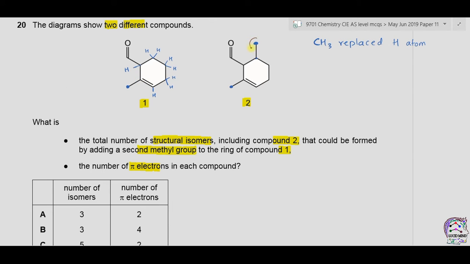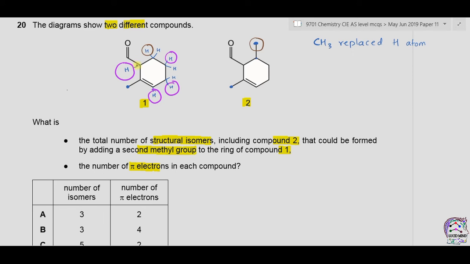Now we can see that CH3 has replaced one hydrogen atom and it is attached with this carbon. Now CH3 can also replace this hydrogen atom and gets attached with this carbon atom. It can also replace one of hydrogen atom from this carbon.